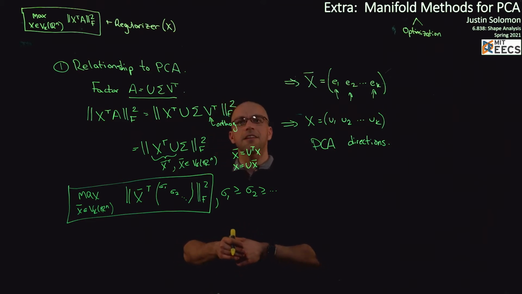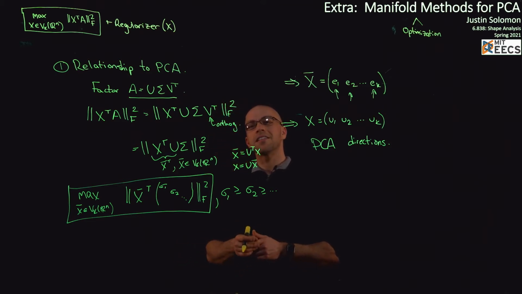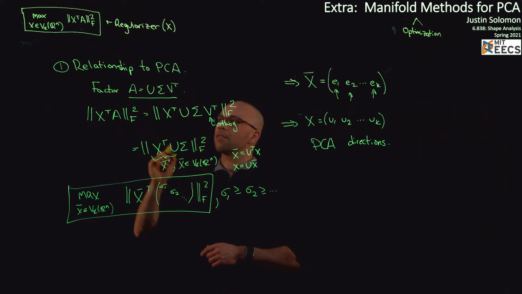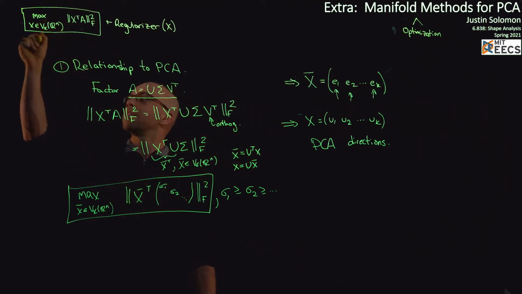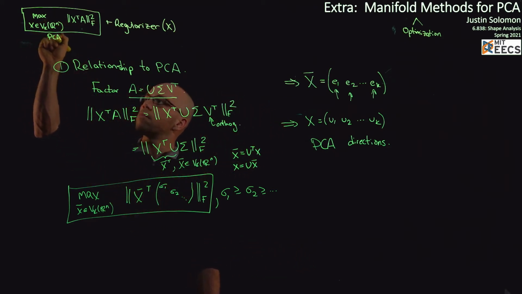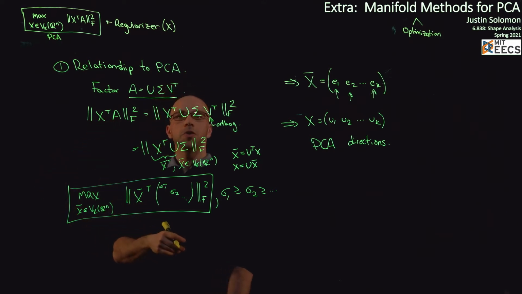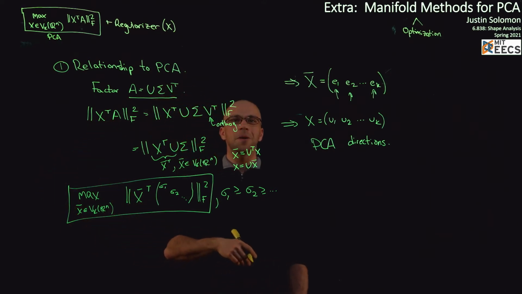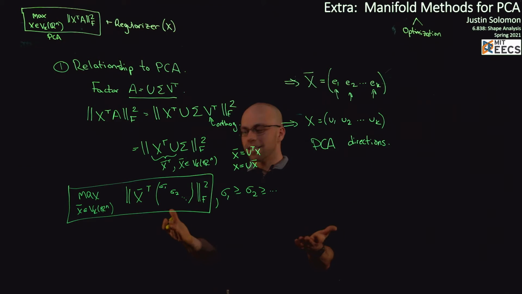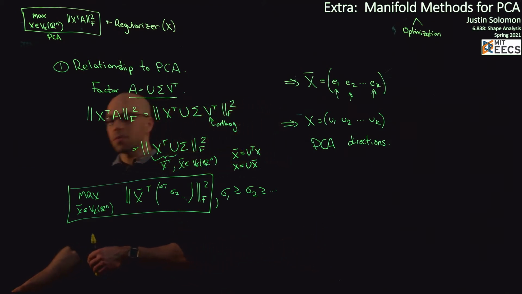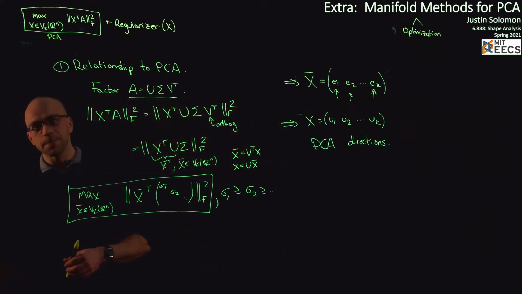So next, let's talk about two different variations of this basic model. This is the PCA model. Hopefully I've convinced you of that. Now let's talk about two different, more modern takes on principal component analysis that try to promote slightly different matrices X than what you would get out of the classical case.